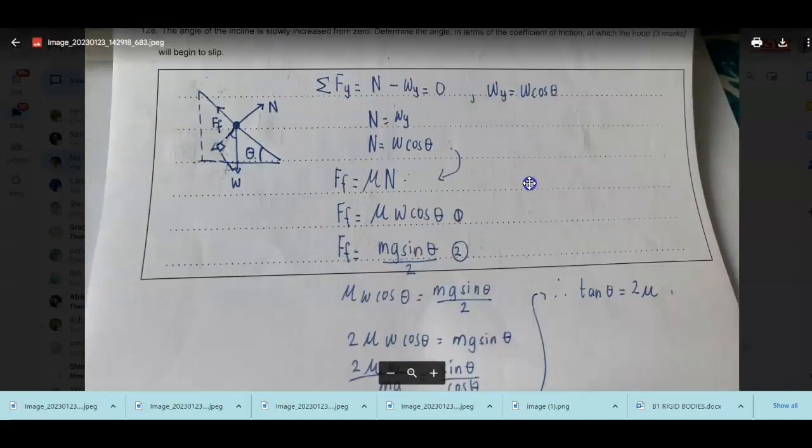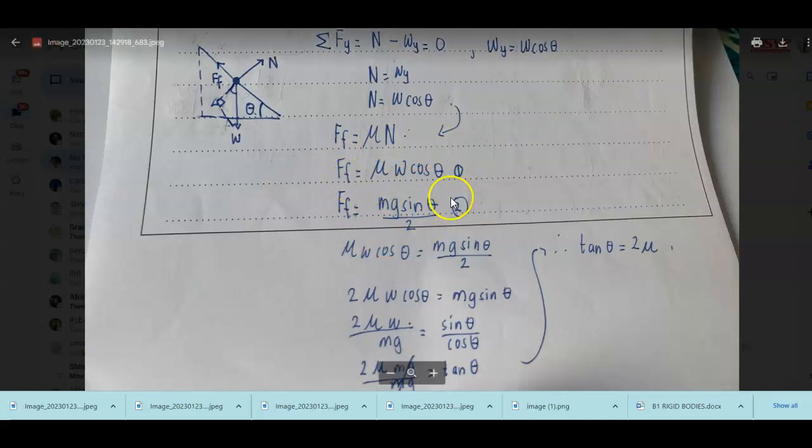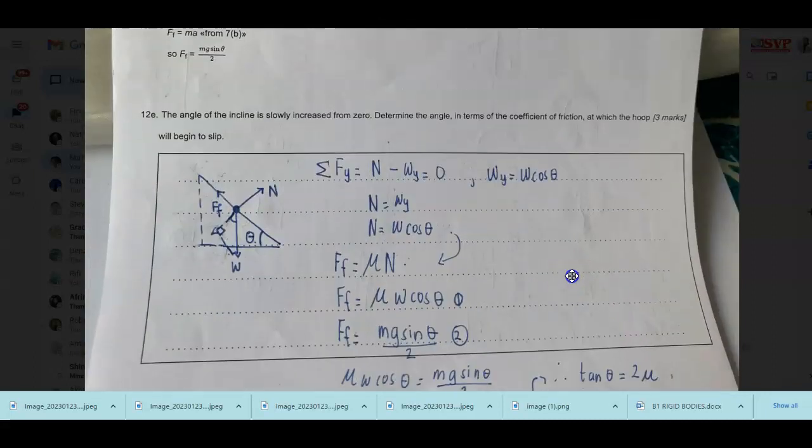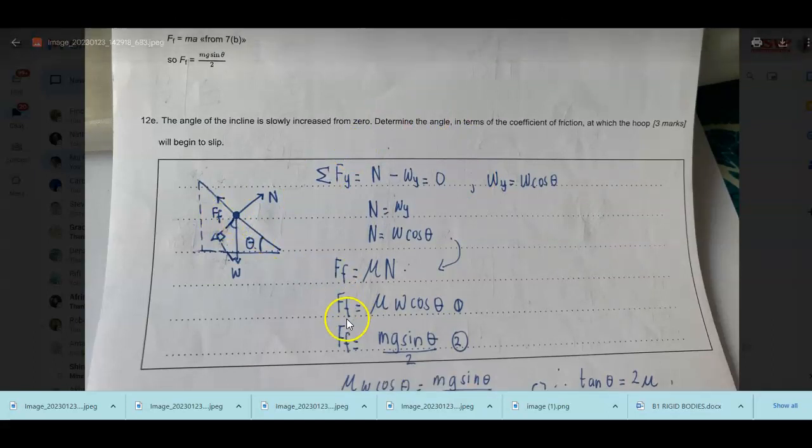So now that we have two equations, we now know that they are both referring to frictional force. We can just equate them together. Equating them together we will be able to finally have a relationship for us to determine the angle at which the hoop will begin to slide forward.